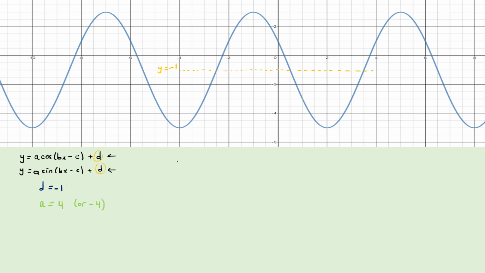Let's say we're going to do cosine. Then we want to focus on one period, and the reason it's important to think about which trig function is so that you know where a period starts and where it stops. For cosine, we think of one period as starting at the top and ending at the top.